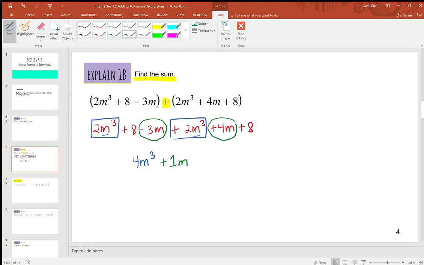And finally, we have our constants, which are 8 and 8. So 8 plus 8 gives us 16. So the answer to this problem is 4m to the third plus 1m plus 16.